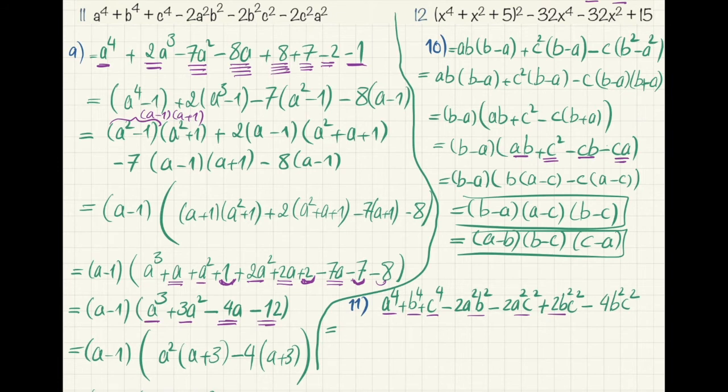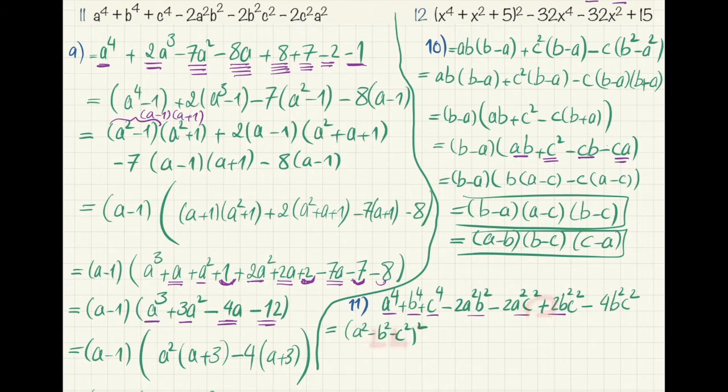Let me change my color. So a squared plus b squared plus c squared, sorry, these are minus signs, minus b squared minus c squared to the 2. Let us double check. If you remember, this identity to the power of 2 is the first one to the 2, which is this one, the second one to the 2, which is positive b to the 4, the third one to the 2 is positive c to the 4, 2 times the first one times the second one is the negative 2a squared b squared, 2 times the first one times the third one is negative 2a squared c squared, and then 2 times the second one times the third one becomes positive.